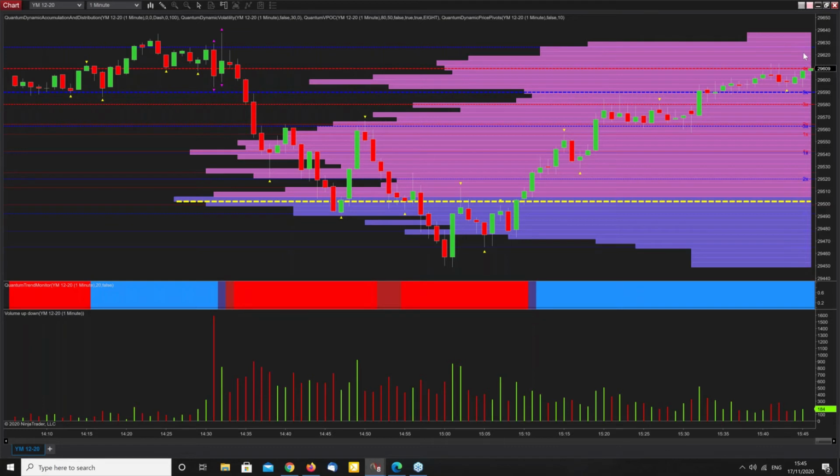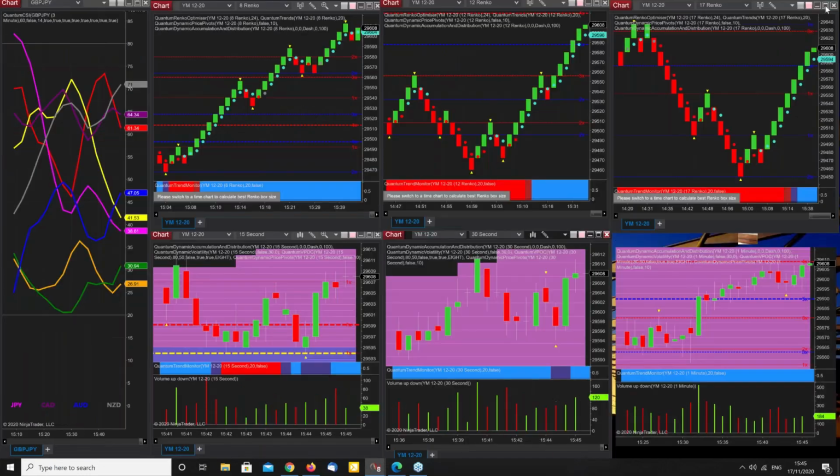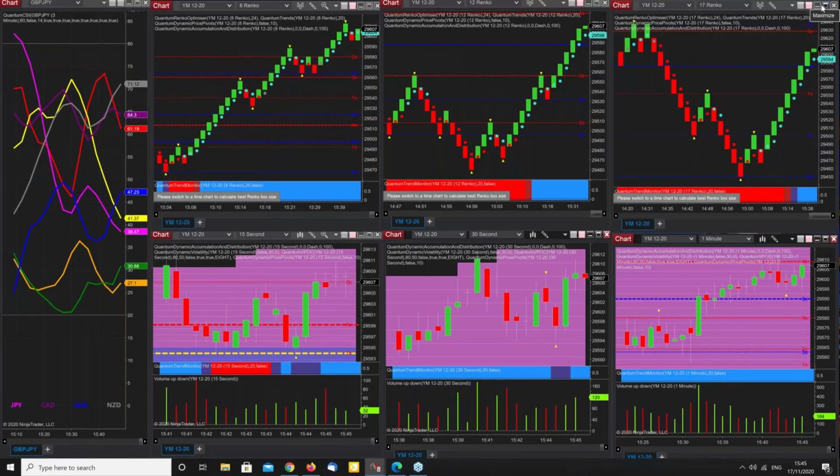So if the market is going to move up through here, it needs less effort, less volume, if you will, because this volume starts to fall away dramatically as we get up to 640, which is going to help that particular market move higher through that region.